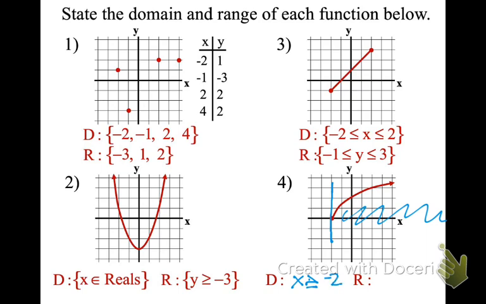Where my range, it's going to keep getting higher and higher because it's at an angle and there's an arrow here on the end. But my range, this is the lowest it'll be. So y is greater than or equal to 0. Okay? Y is greater than or equal to 0. And you should put those in braces.